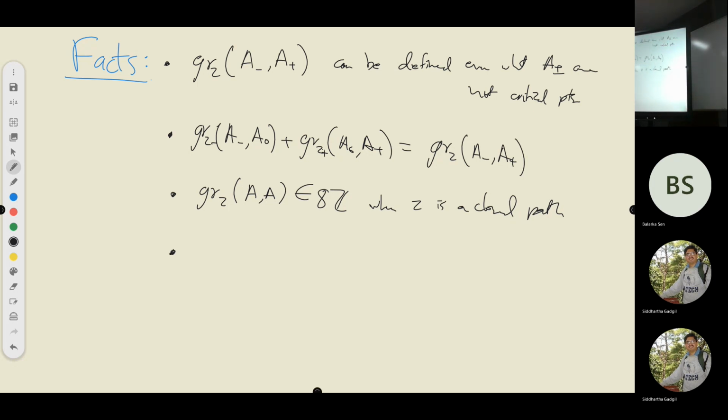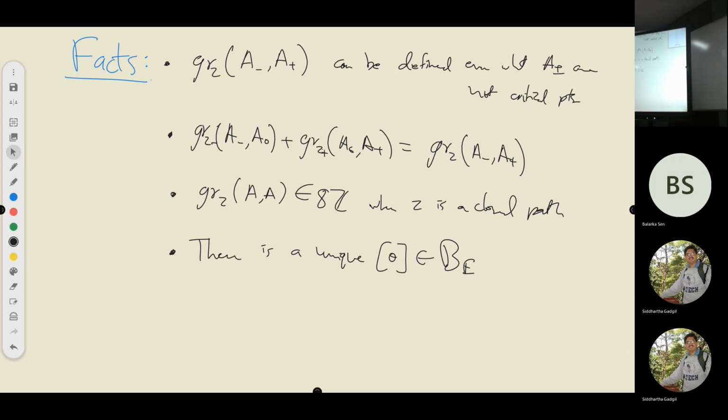There is a unique connection, the trivial connection, sitting inside the configuration space of connections.